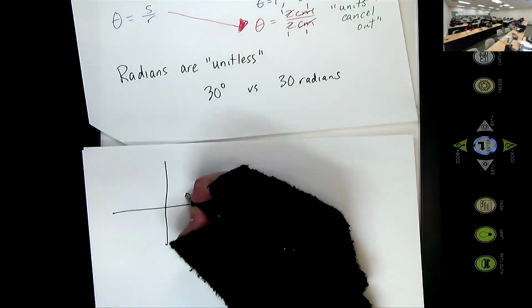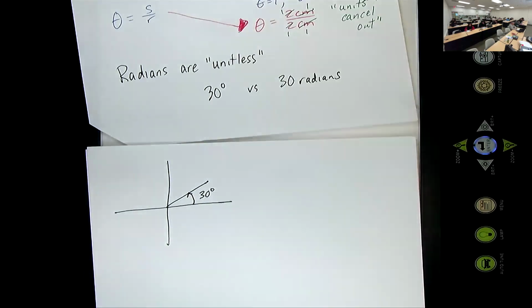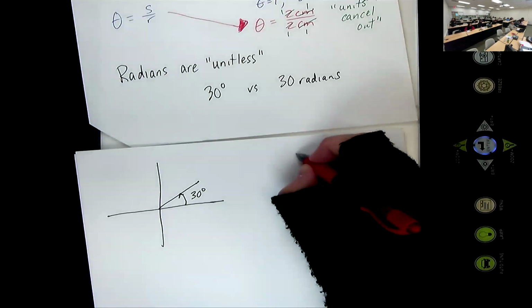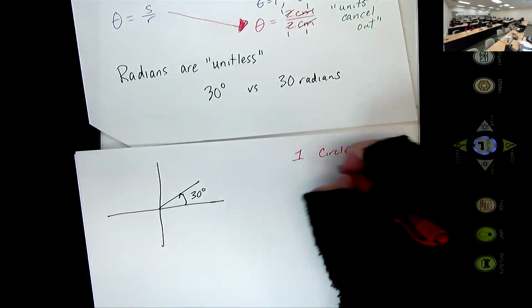30 degrees is going approximately that amount, right? It's probably not perfect, but it's pretty close. One circle. One full circle.